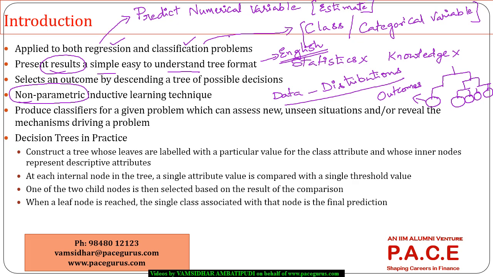The whole learning is happening based on the reasoning. So if you have to explain things to someone, it's much easier to explain when you have built your model using decision trees compared to the same kind of objective being accomplished through some other complex models like neural networks, support vector machines, etc. So that way, the explainability of the model is much simpler when it comes to the decision trees.